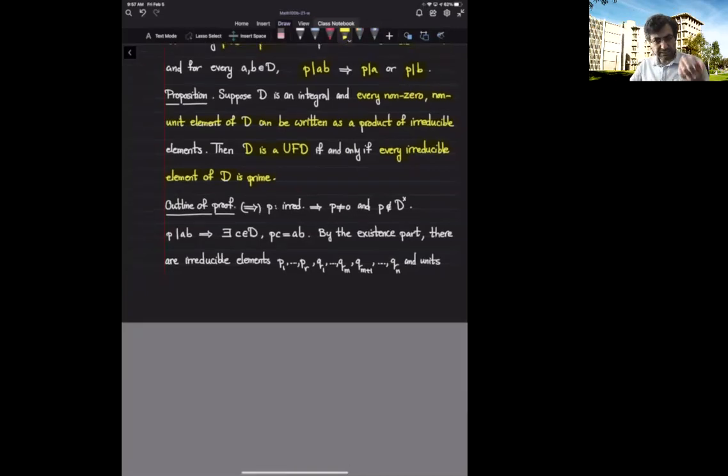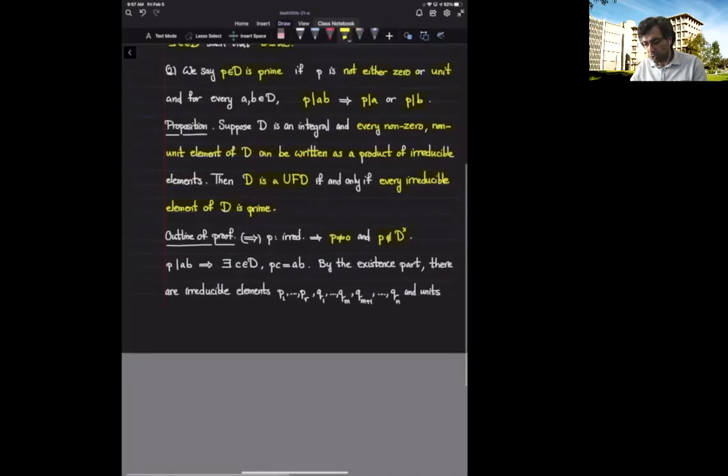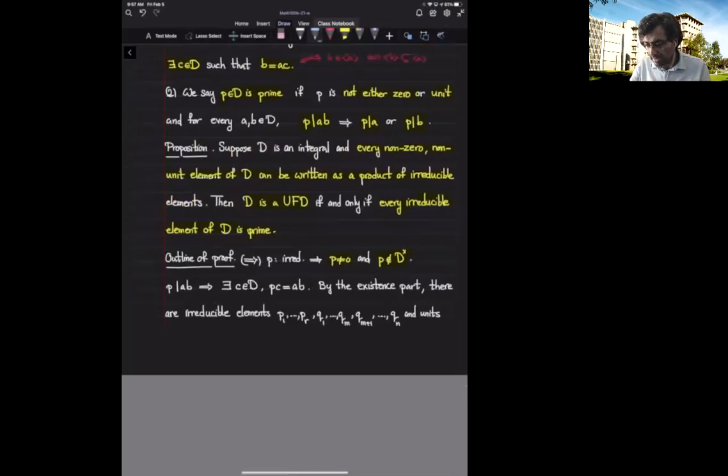I give you an irreducible element. It's automatically non-zero and not a unit; that's part of the definition of being irreducible. So in order to show that it is prime, the main part is to show this property, star.